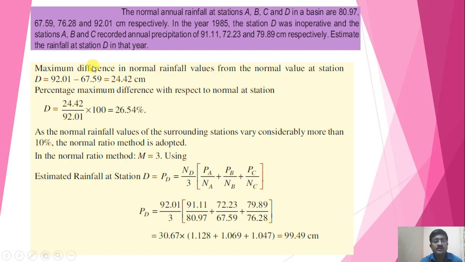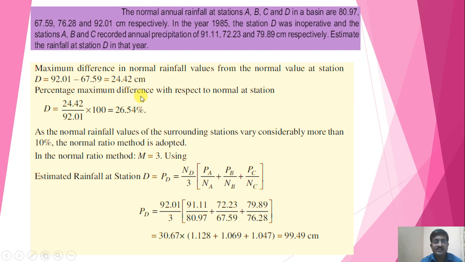So let us see the maximum difference in normal rainfall values from the normal value at a station. What is the maximum value and what is the minimum value of those given values? 92.01 is the highest one and 67.59 is the lowest. So the maximum difference is 24.42 centimeter.